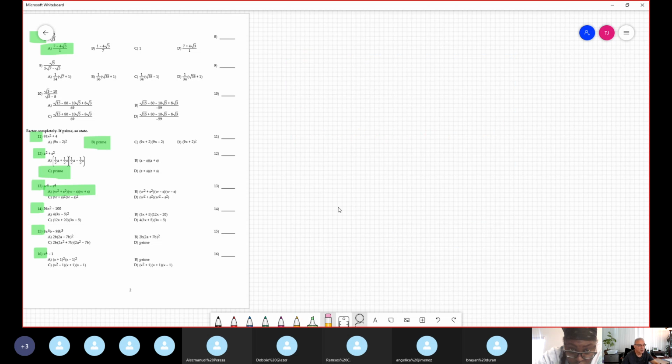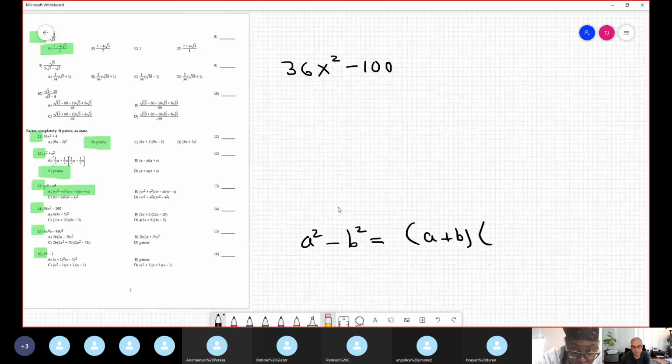Okay, so 36x squared minus 100. Again, it's a difference of squares. So who is A, who is B?